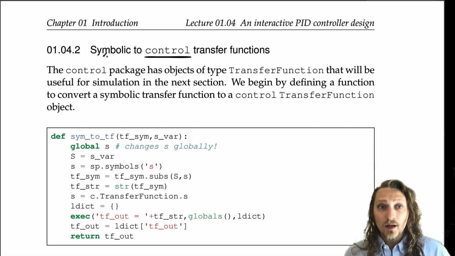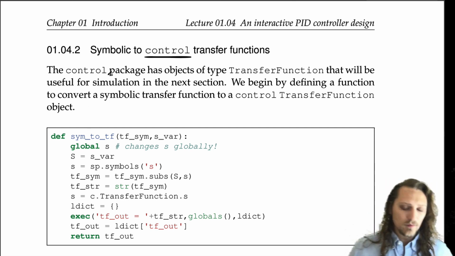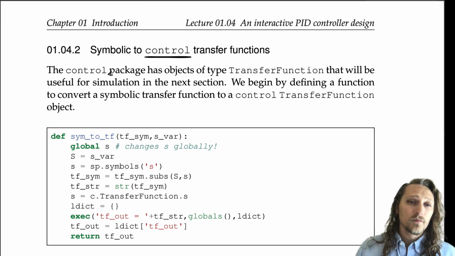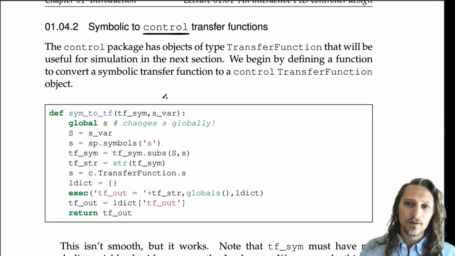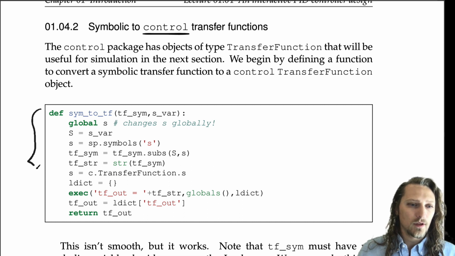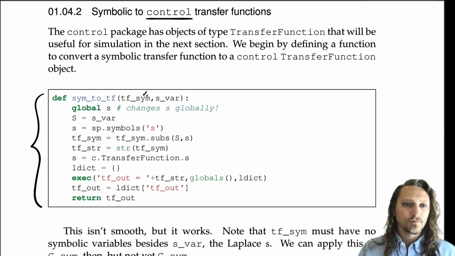But if you've got a symbolic representation, as we would frequently want to do, and you would like to convert that to a control transfer function, there's no easy way to do that. So I wrote this little conversion routine here, this function called sim2tf.